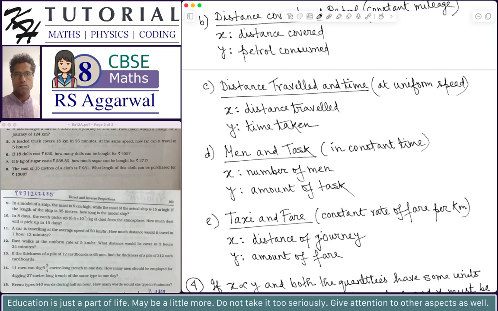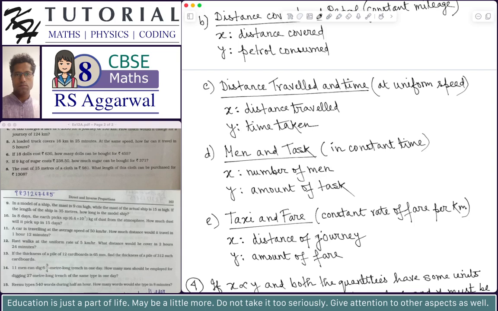Now what is a task? A task could be like reaping a field. A task could be like digging a trench. So what is meant by the amount of task? In the example of digging a trench, the amount could be the length of the trench that has been dug by the men, or it could be the area of the field that has been reaped.